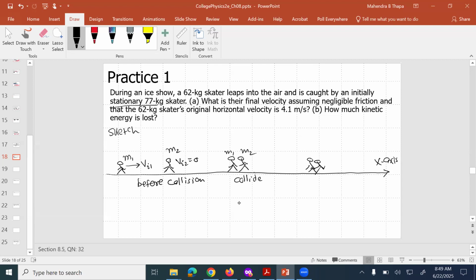They move together. So v final for first mass M1 and v final for second mass M2 is the same, let's say it as V. So this is the case after collision. Okay.